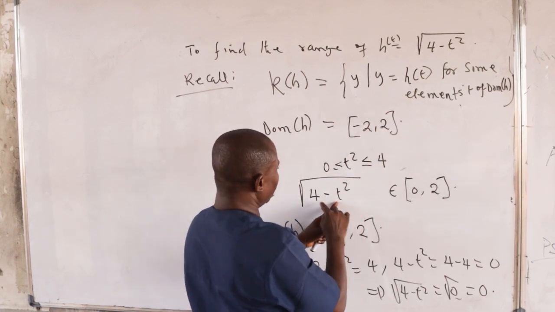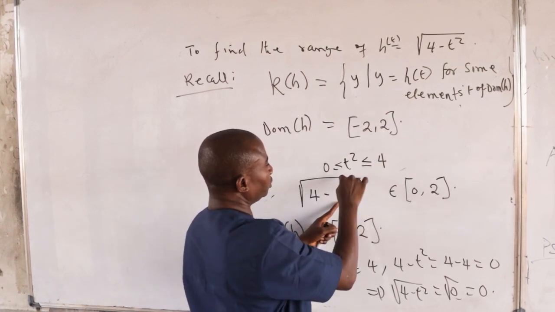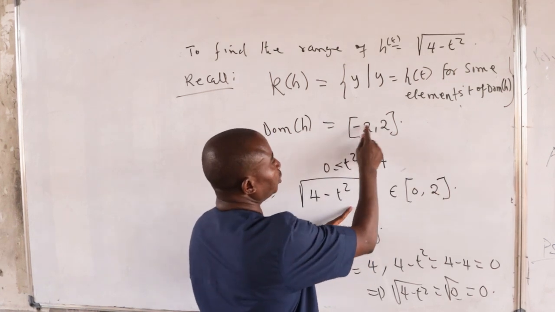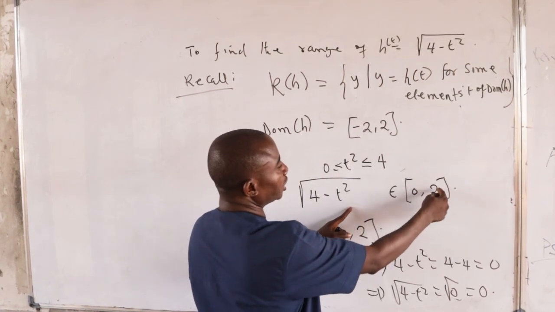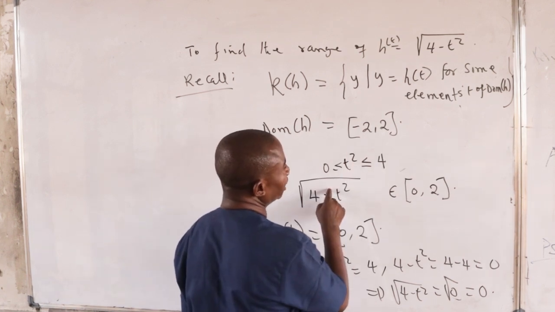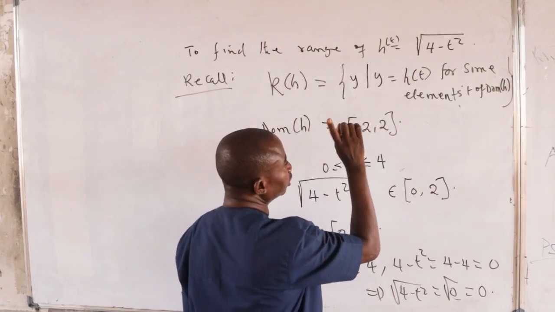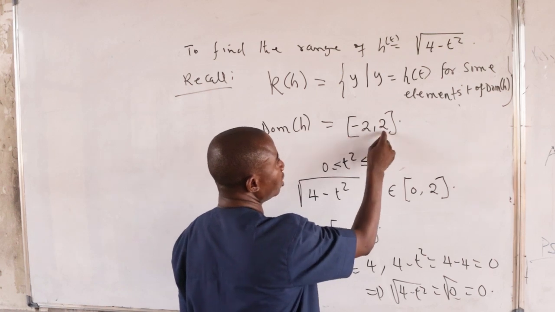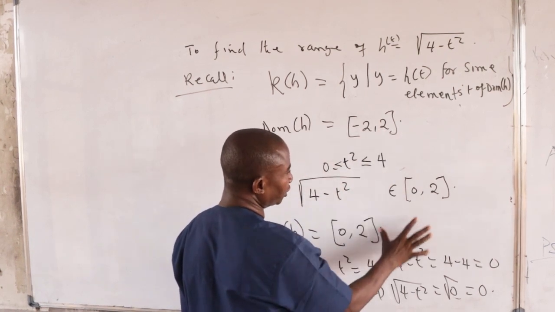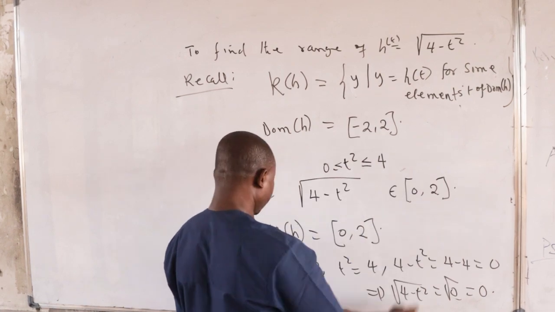And if t is 0, you get 4 minus 0, you take the square root, you get 2. So every other value you get lies between 0 and 2. The least value you can get is when t is either -2 or 2. And so the range of this function is this interval.